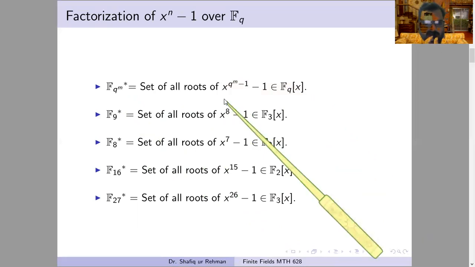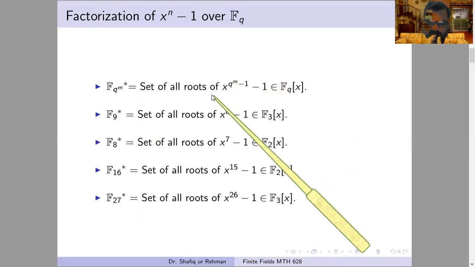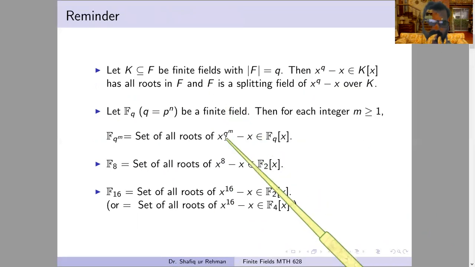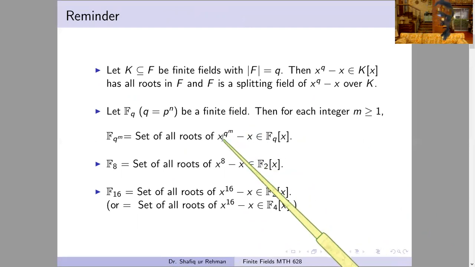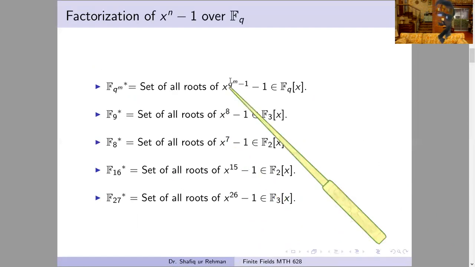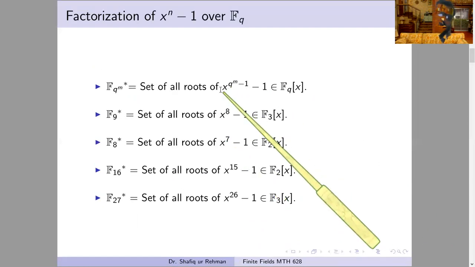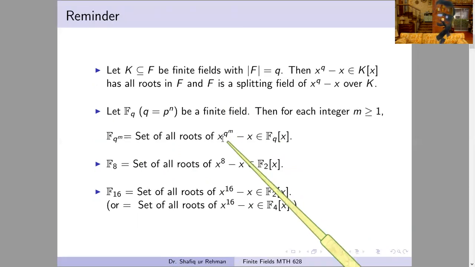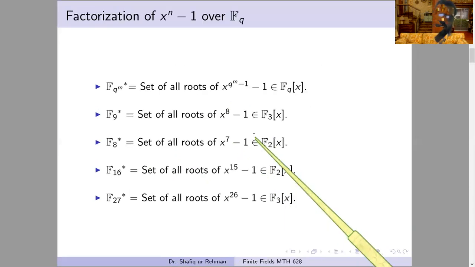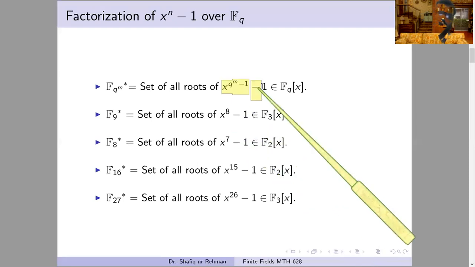And that is, in the previous, here we see that 0 is one root of this polynomial. If we divide this polynomial by x, then 0 will not be a root of this polynomial. So remaining all the roots of this polynomial will be the roots of this polynomial.